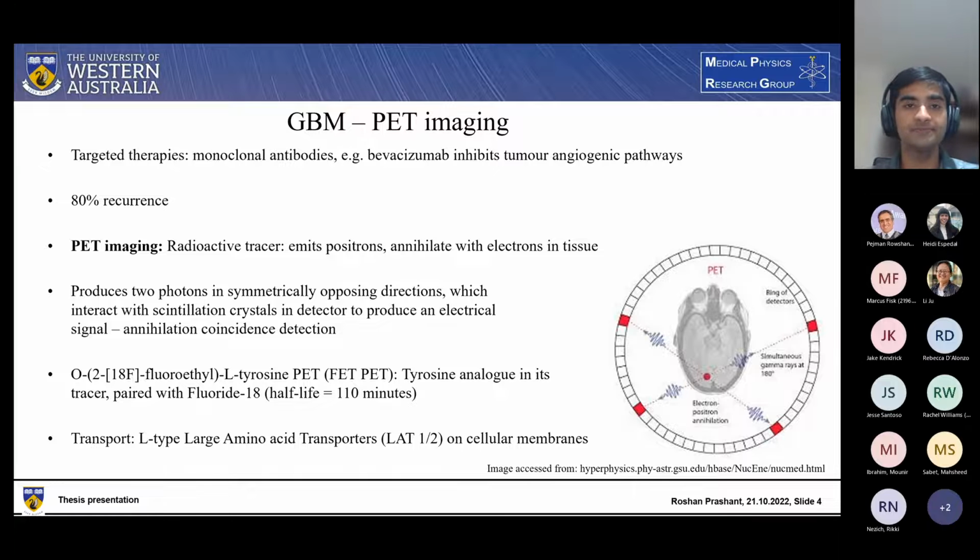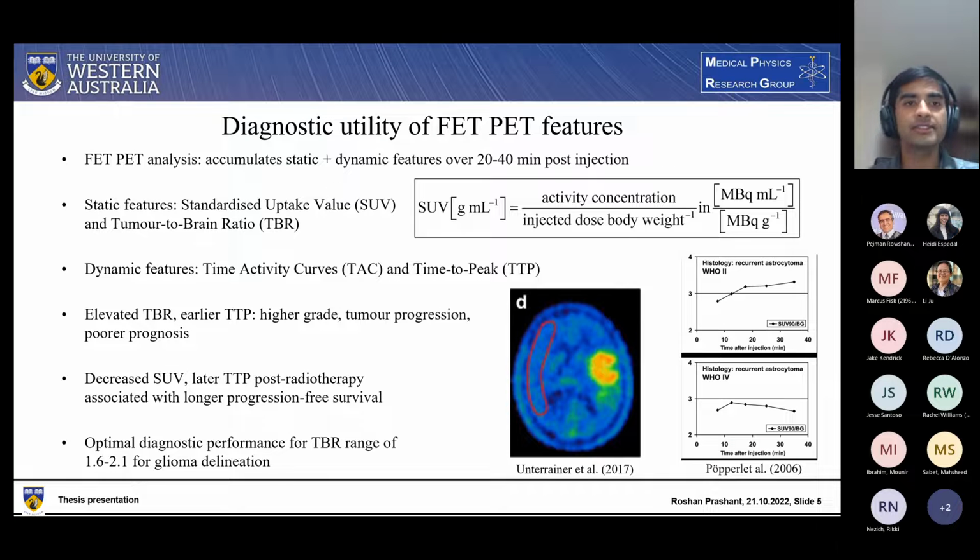FET PET images and their analysis usually revolve around accumulating static and dynamic features over a course of approximately 20 to 40 minutes post the injection of the tracer. The primary static features that are analyzed are SUV, standardized uptake value, and TBR, tumor to brain ratio.